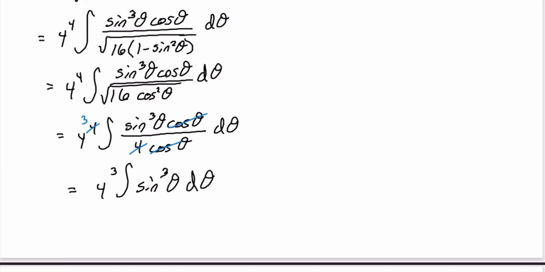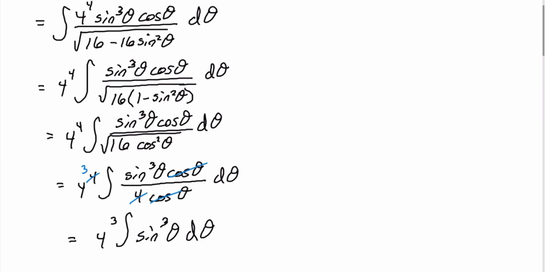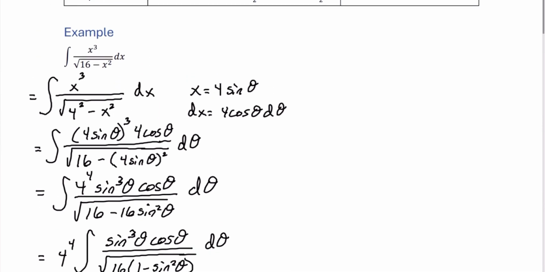As you can see, this is a long, tedious process. We've simplified a lot, but we still have to simplify a bit more. I'm running out of space, so I'm going to copy this up here. We have the integral of 4 cubed sine cubed theta d theta.